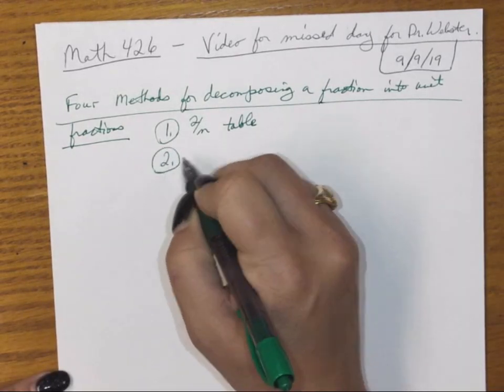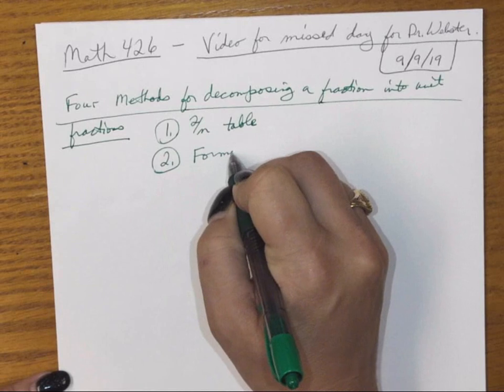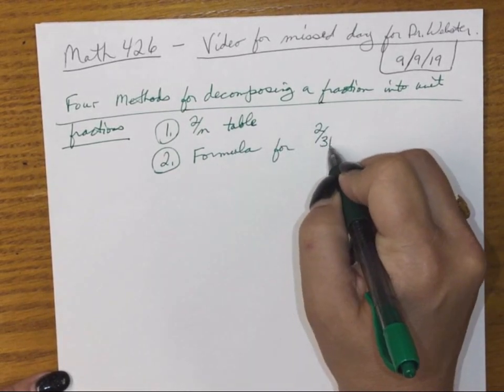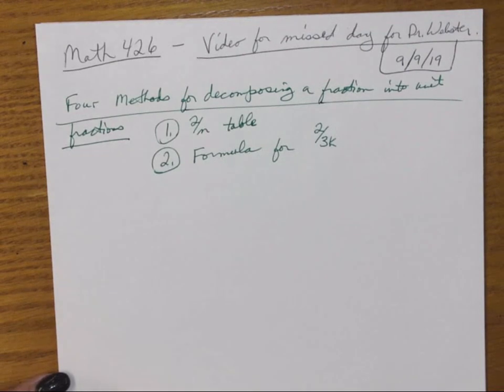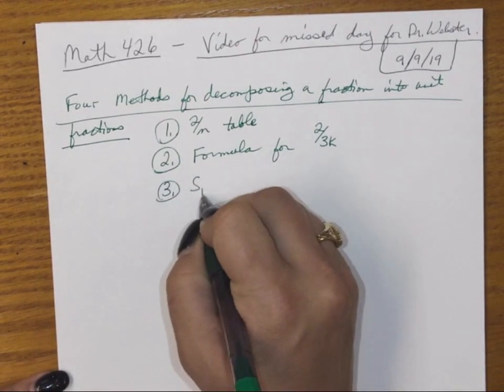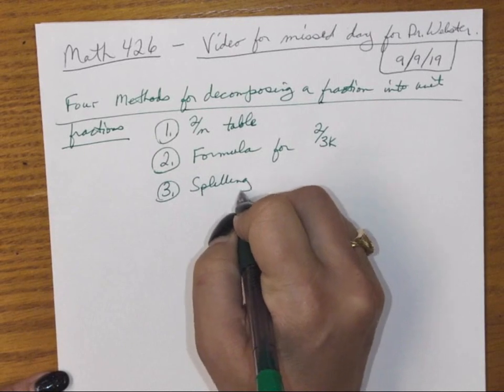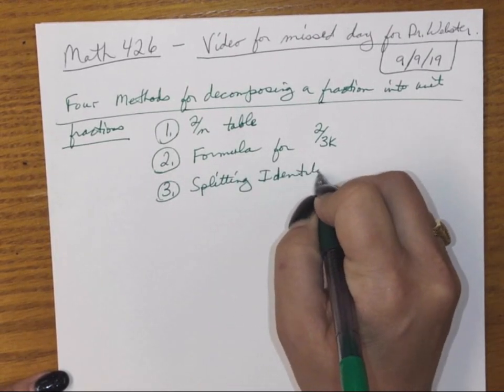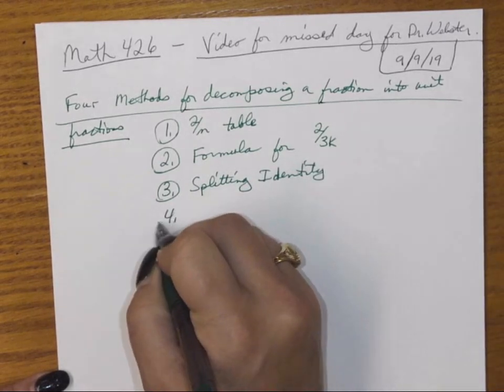Or you can use our little formula that we came up with for 2/3k, anything that looks like that. Or you can use the splitting identity that we will do on Friday, so hopefully you've seen it by now. Or you can use Fibonacci.